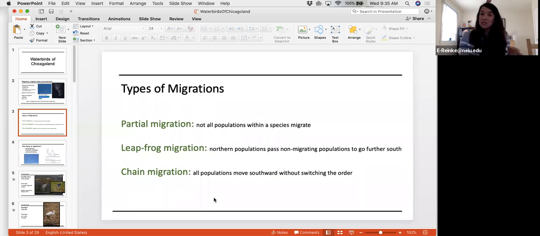There's a lot more work that needs to be done to understand birds' thermal tolerances and thermal preferences. Why are some birds choosing to go further south than they maybe need to? Maybe they just prefer warmer winters, like me. I'd rather be somewhere warmer. But there's a lot of variation, even within a species, in where birds will choose to overwinter.